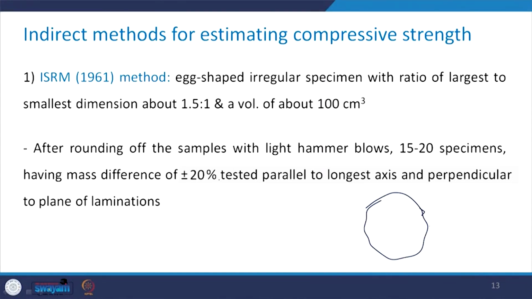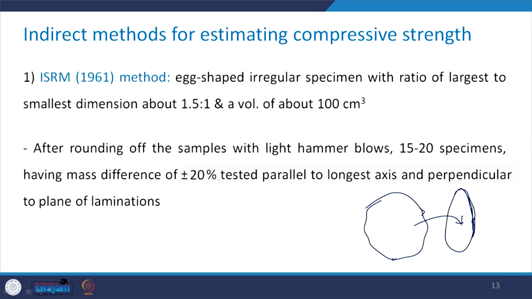It may have some sharp edges here and there. So we give this specimen light hammer blows and try to get more or less this kind of specimen, which is egg shaped, from this.